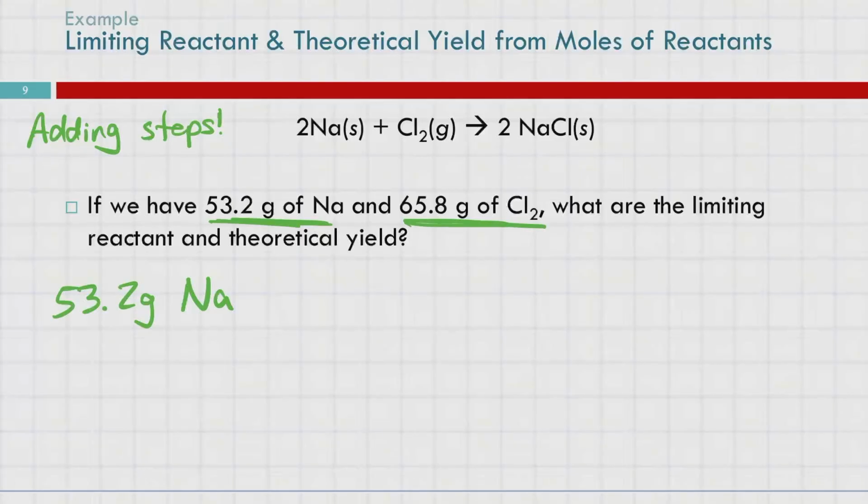What do we need to use our balanced equation? Moles. And how do we get from grams to moles? Molar mass. So we'll look up the molar mass for sodium. It's about 23, 22.99.